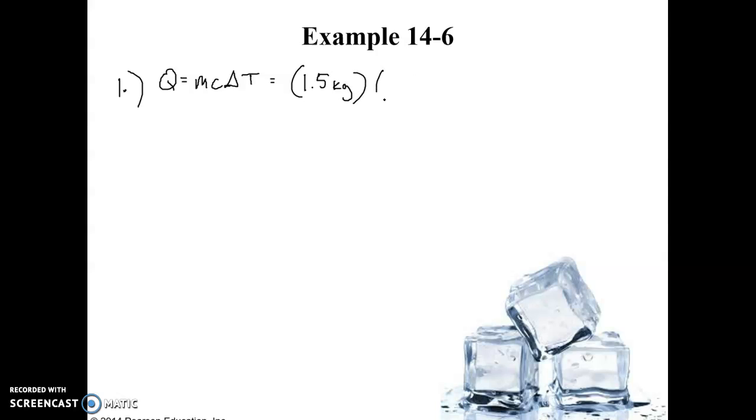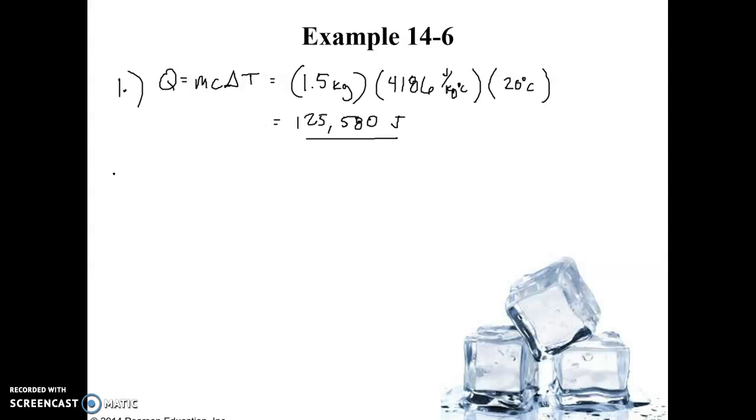The specific heat is 4186 joules per kilogram degrees Celsius. And the temperature change, it's starting at 20 degrees Celsius, and we're going to cool it down to 0. So that's a 20 degree temperature change. So the heat is 125,580 joules. That's what it's going to take to cool it down to 0 degrees.